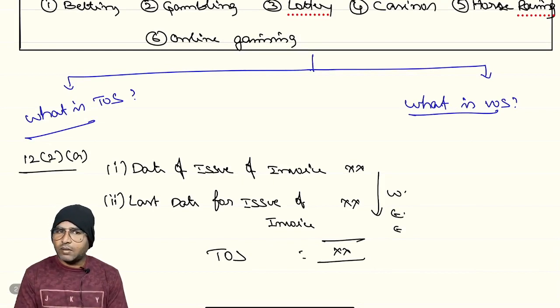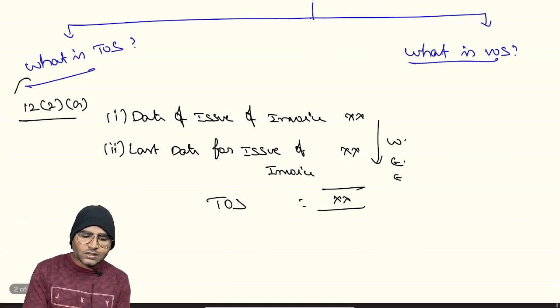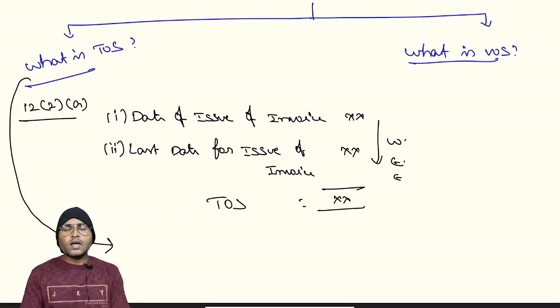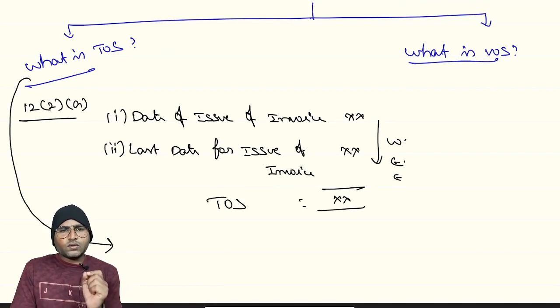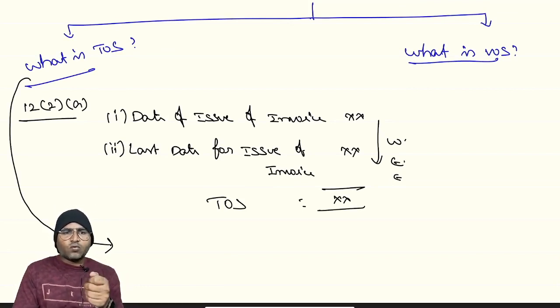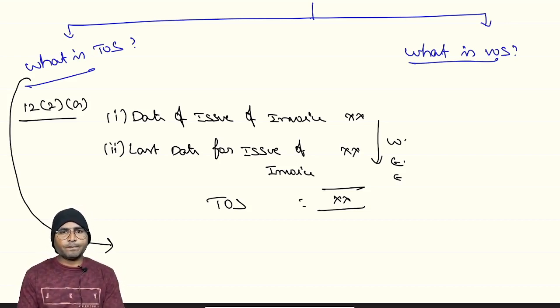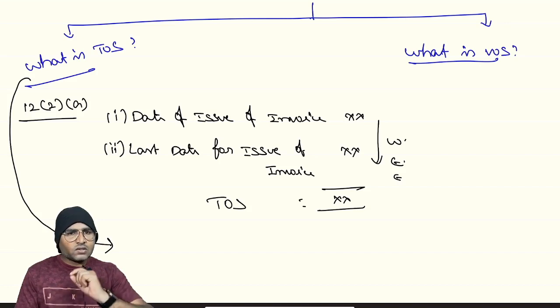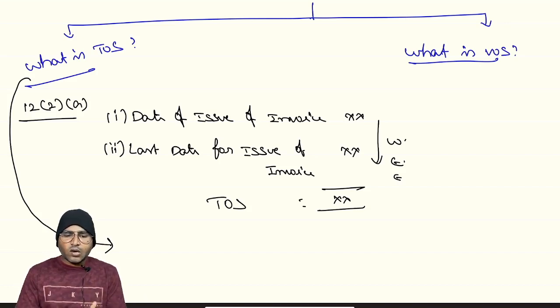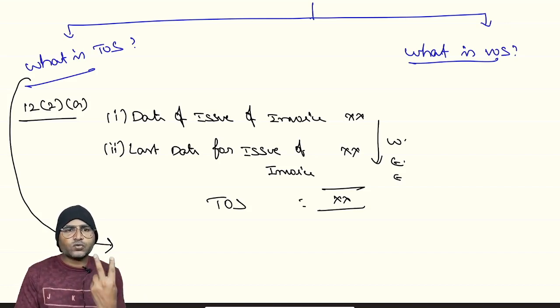But the new amendment in Section 12 subsection 2, in relation to goods: advance money is not the time of supply. What is that? The date of advance money given is not the time of supply. Reason, the time of supply always depends upon two factors. What are those two things?